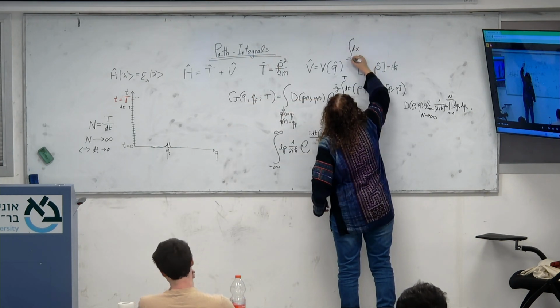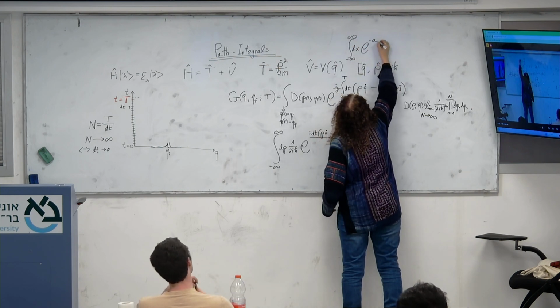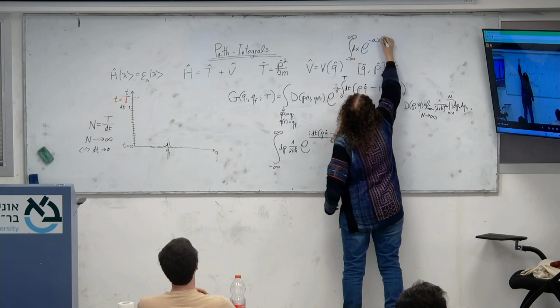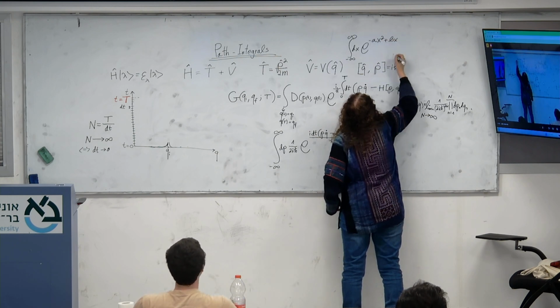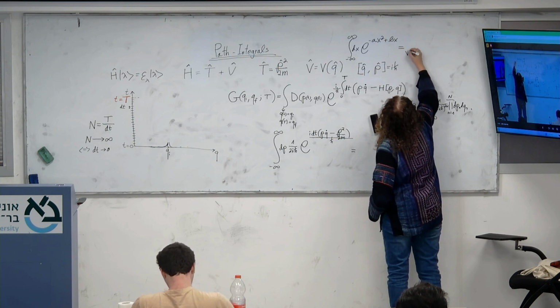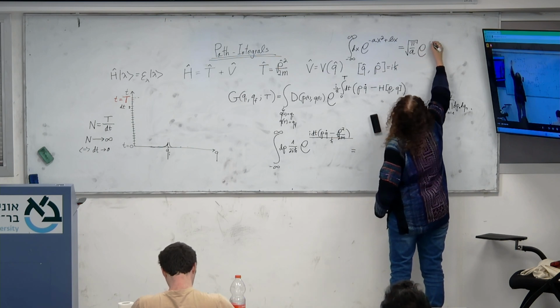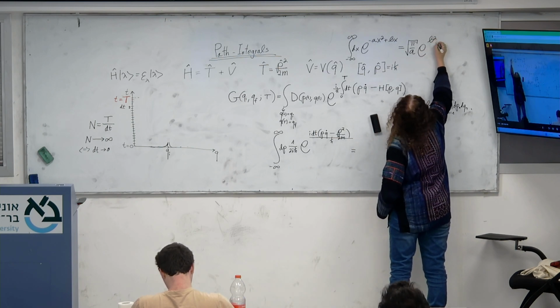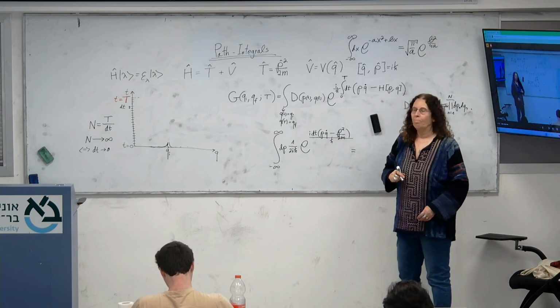If you have an integral from minus infinity to infinity of e to the minus a x squared plus b x, that gives square root of pi over a times e to the b squared over 4a. You're familiar with this? Yeah.